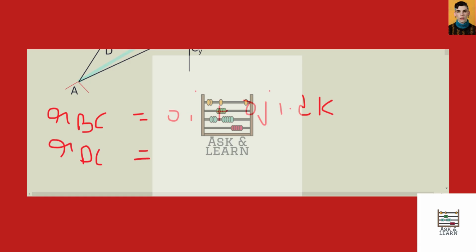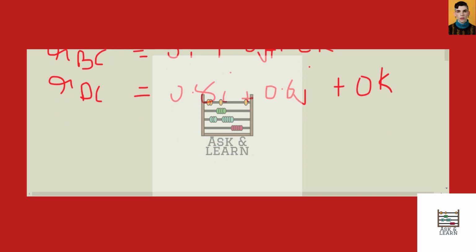RDC is equal to minus 0.8i plus 0.6j plus 0k. And REC is equal to 0.8i plus 1.2j plus 0k.